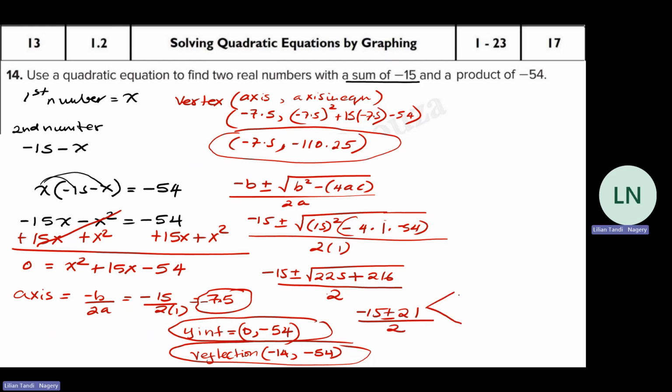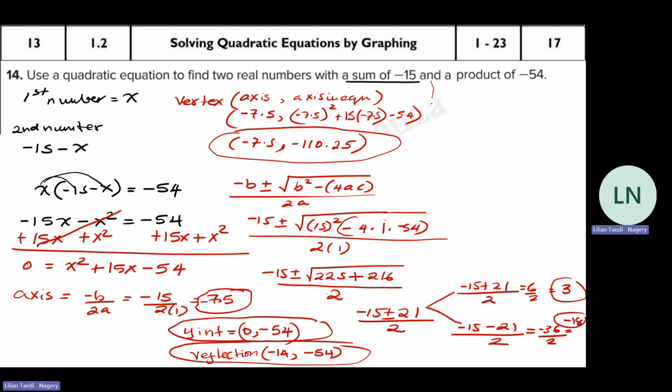Now you need two solutions: negative 15 plus 21 over 2, and negative 15 minus 21 over 2. Negative 15 plus 21 is 6. 6 divided by 2 is 3. Negative 15 minus 21 is negative 36. Negative 36 divided by 2 is negative 18. So these are important values.